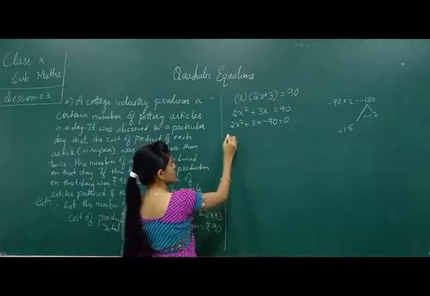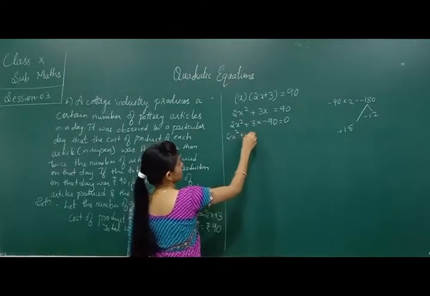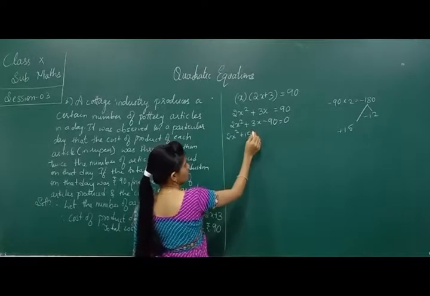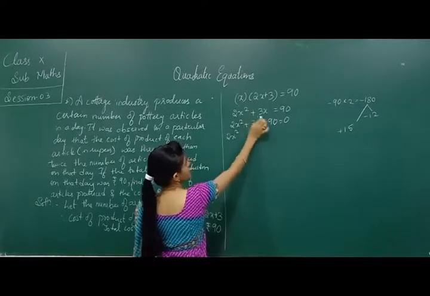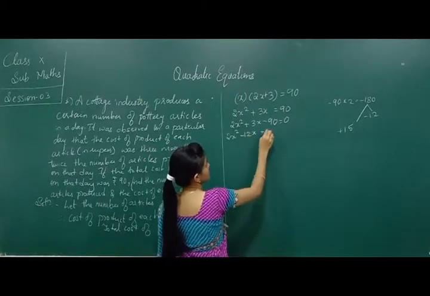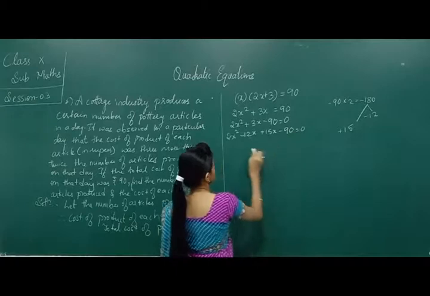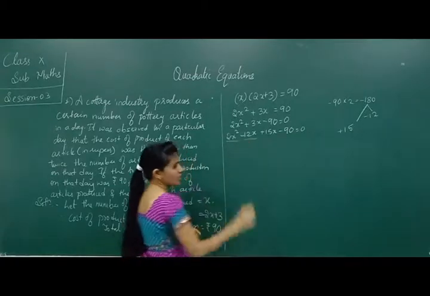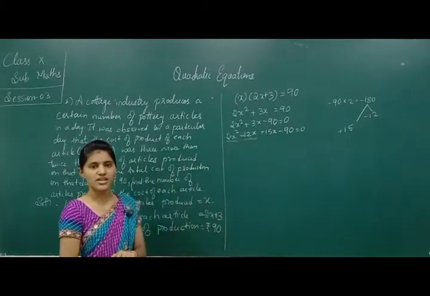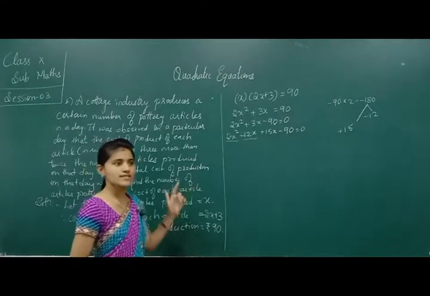So how am I going to write? 2x square minus 12x plus 15x minus 90 is equal to 0. See here, 12 is also a multiple of 2, right? That is why I can take out 2x common.